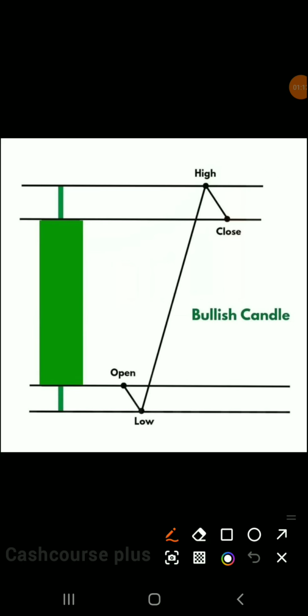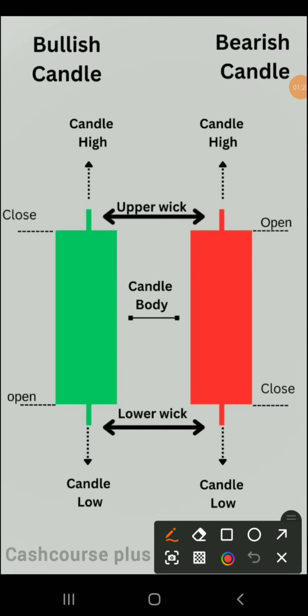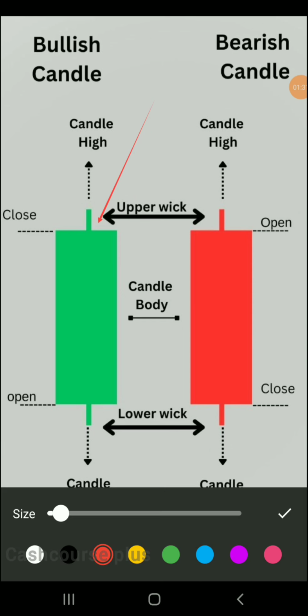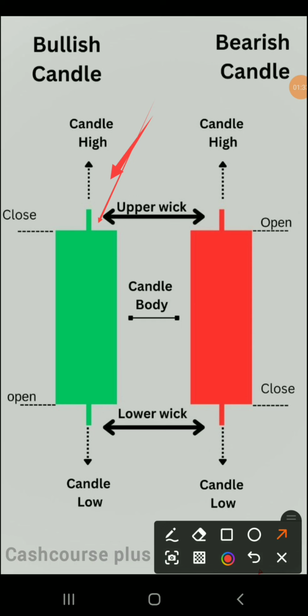Before we define what candle range is, let's first look at the anatomy of a candlestick. This is a bullish candle, and this is a bearish candle. What makes this a bullish candle and what makes this a bearish candle?